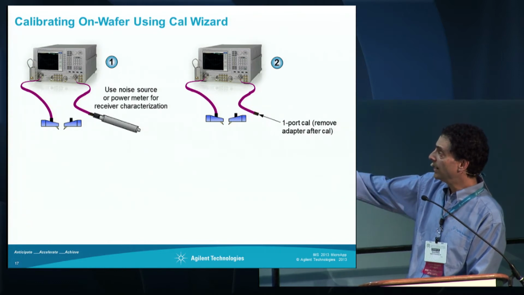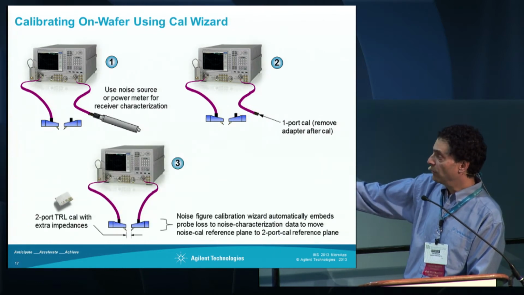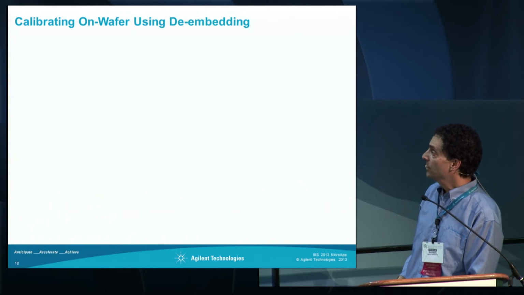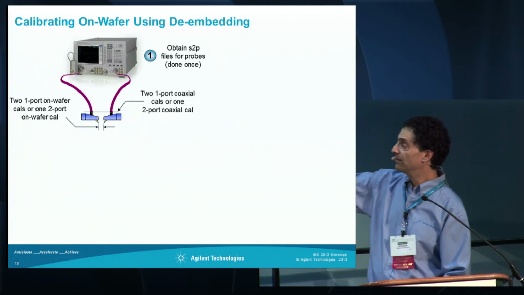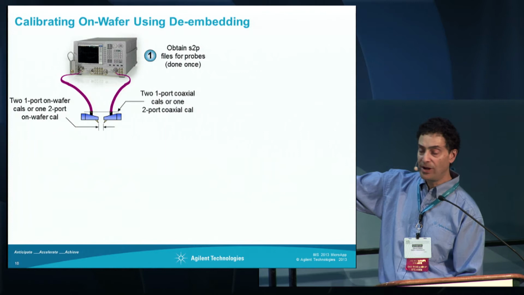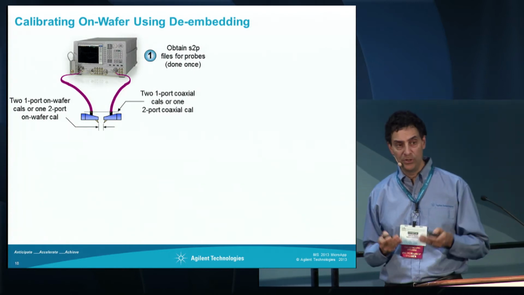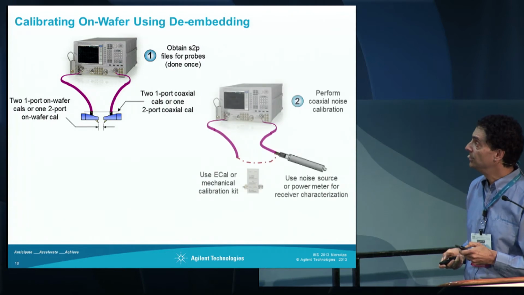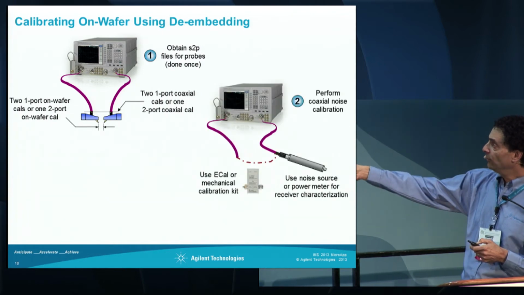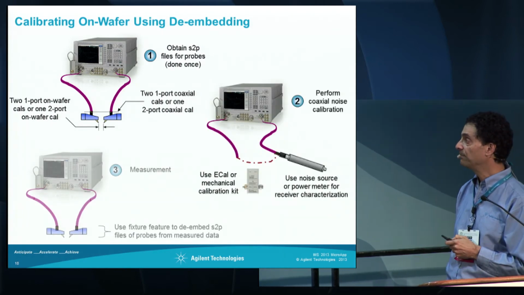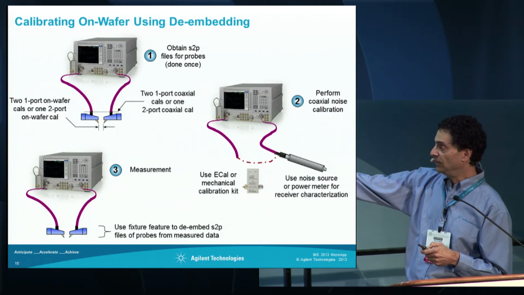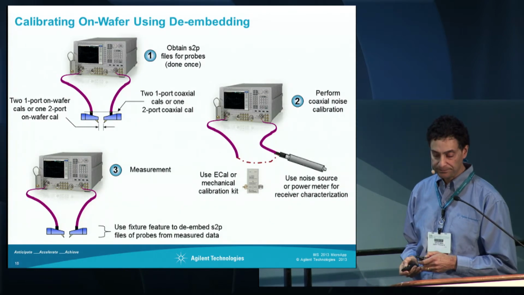You do a 1-port cal there, and then you do your on-wafer cal. Whereas in the other approach, the first step, of course, is to get the S-parameters of the probes, and Agilent has a macro to help you do that if you want to use it. Then you do a fully coaxial calibration, and then you use the fixture feature to de-embed the probes.